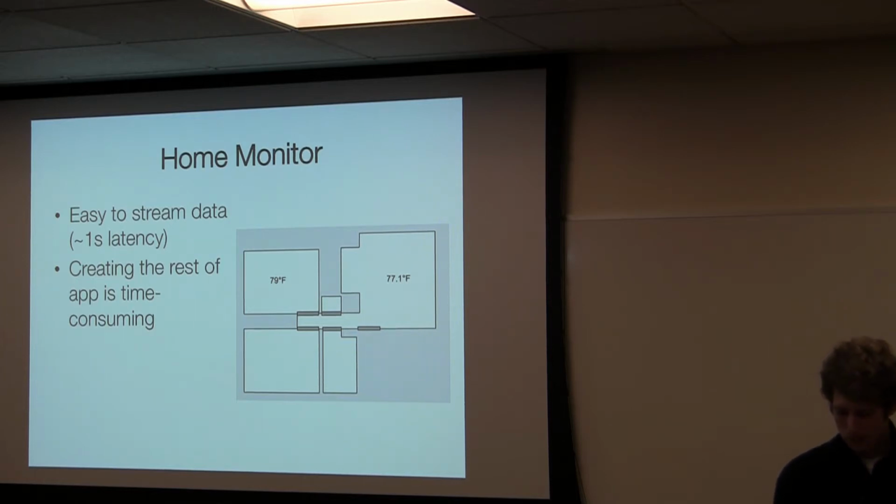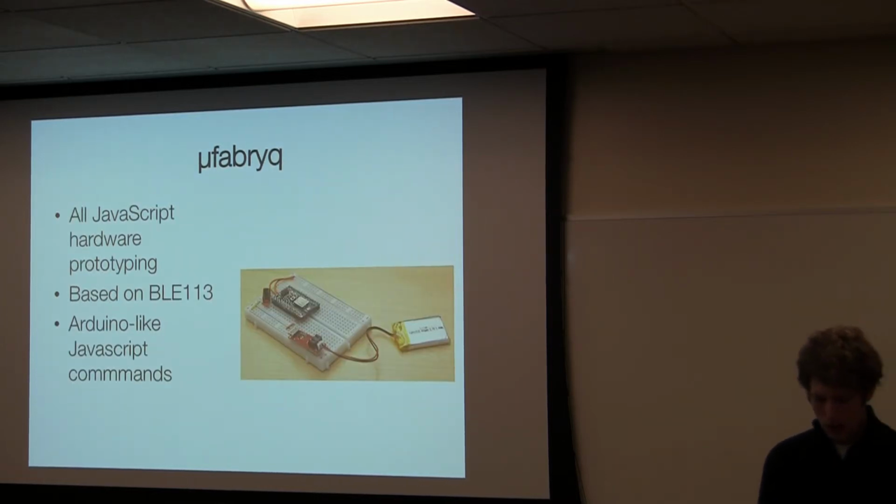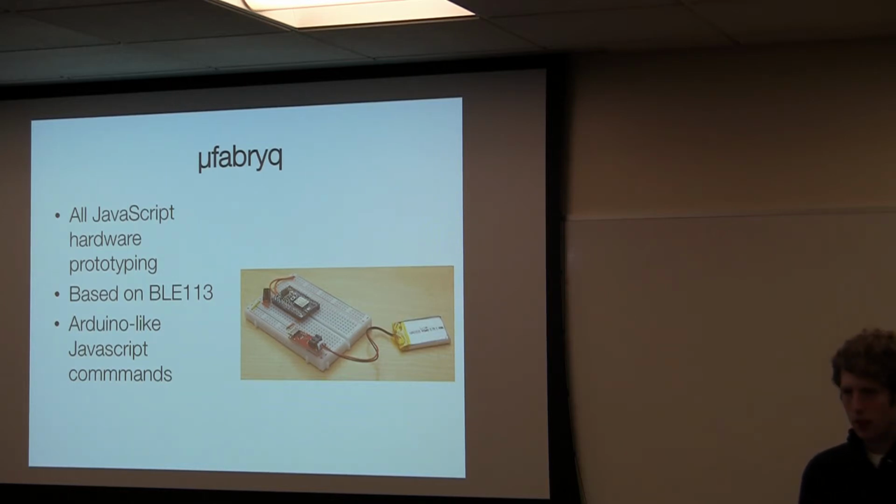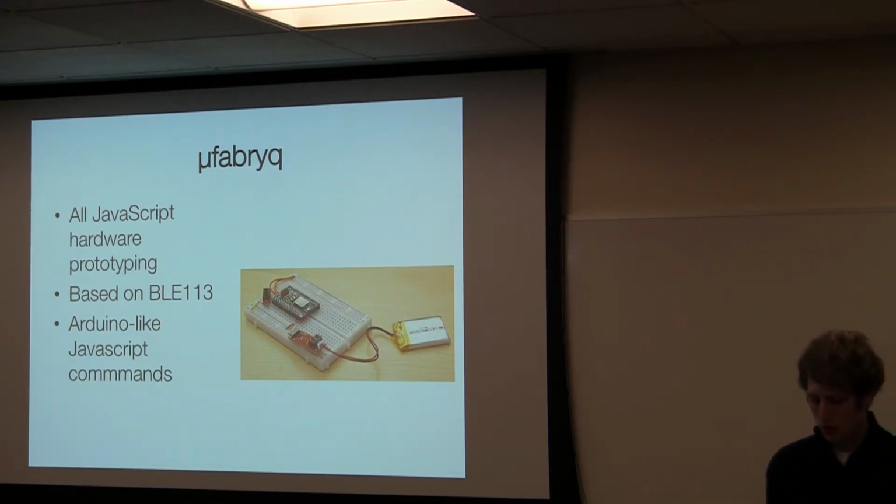And another application that we built on top of the base fabryq infrastructure is something we call microfabryq, which we're trying to think about ways to extend JavaScript's ability and the ability of web programmers to also create physical devices and hardware.